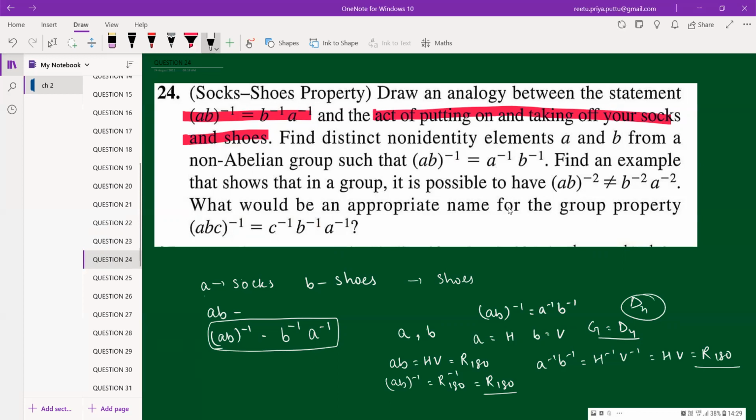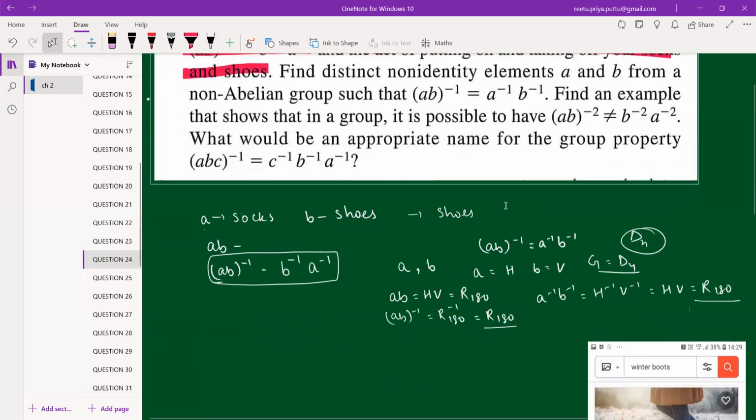Next example we have to find is in any group. It is asking whether it is possible to have (AB) to the power minus 2 not equal to B to the power minus 2 A to the power minus 2. So again, I'm considering an example. You can find your own example and see whether you are able to find it or not. But right now, I am giving you an example.